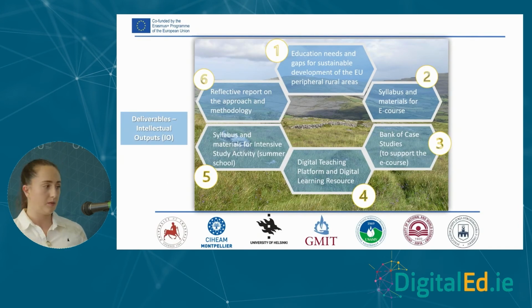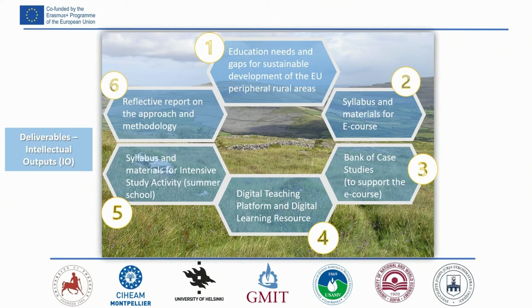So in practical terms, the Aurora project aims to have 6 main outputs or deliverables. The first is identifying the education needs and gaps for sustainable development of these peripheral rural areas across Europe. And from this then is to create a syllabus and an online course that will be rolled out across the 7 partner universities.